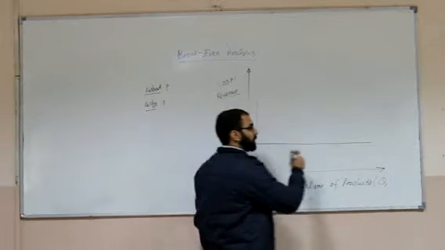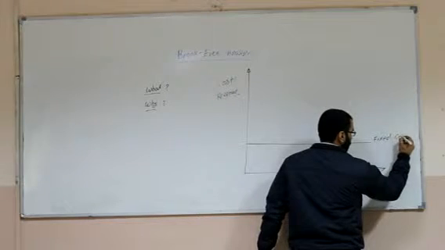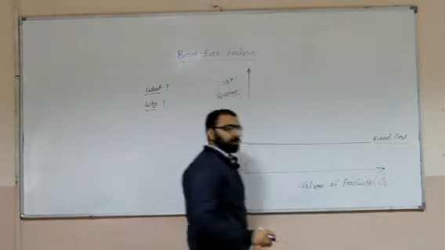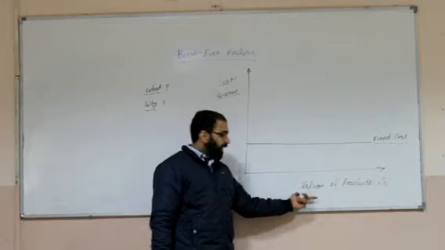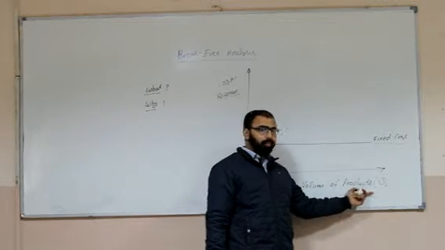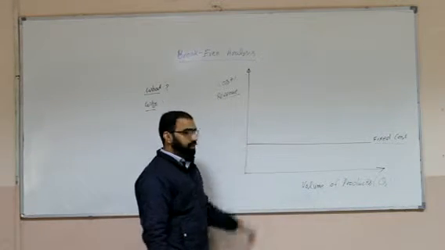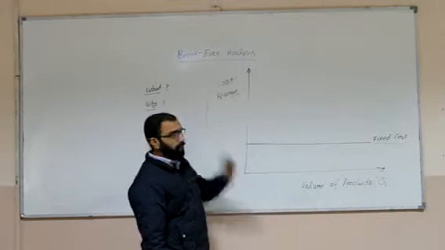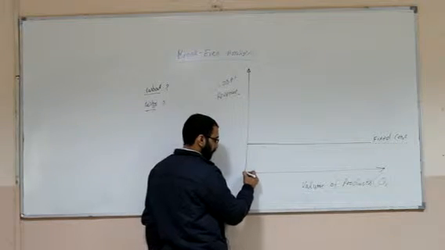This line will represent fixed cost. Why? Because irrespective of the products that I produce, fixed cost will remain constant. Now the next cost is variable cost. If I am producing 0 components, 0 cost.